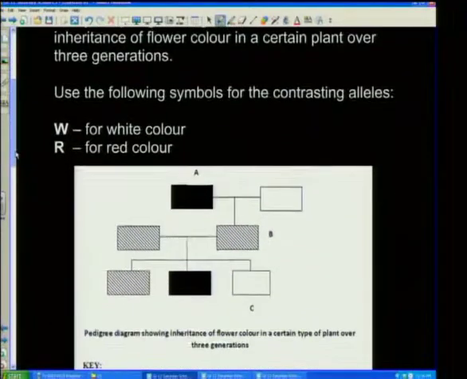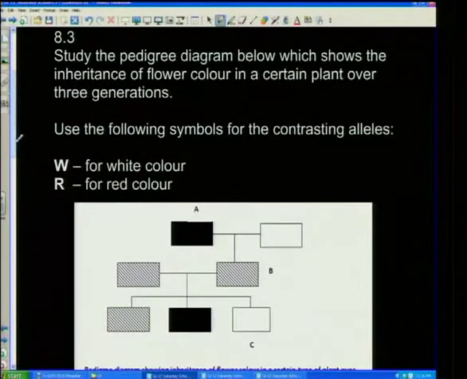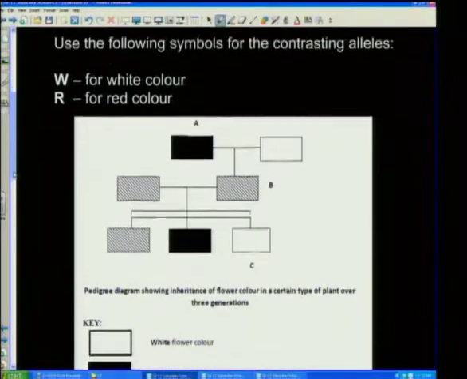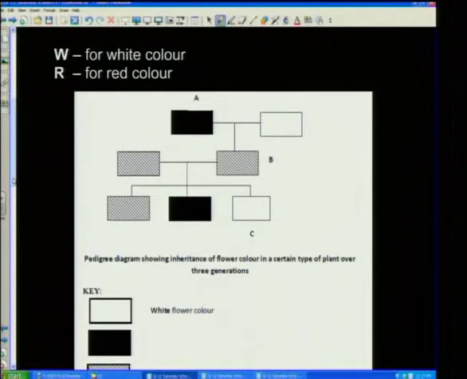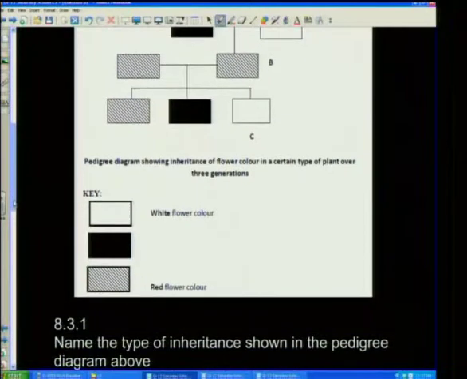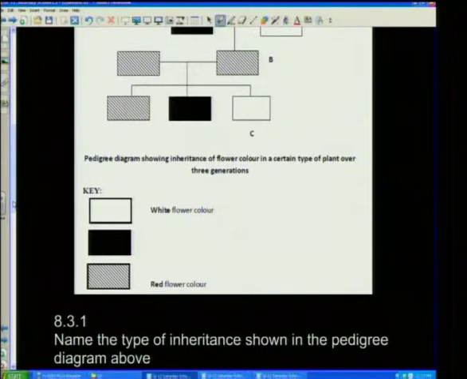This one here shows you a pedigree diagram of inheritance of flower color in a certain plant over 3 generations. Use the symbols for contrasting alleles. Capital W, notice another clue here, capital W is given for white color and R for red color. Now, when I put this question up, something moved in the diagram, so I'm going to correct that first.